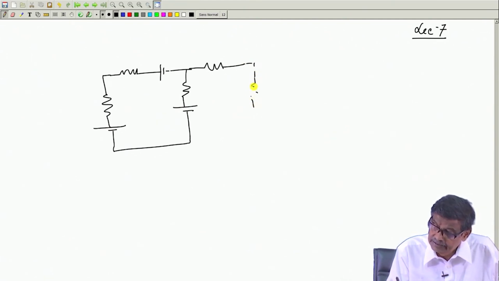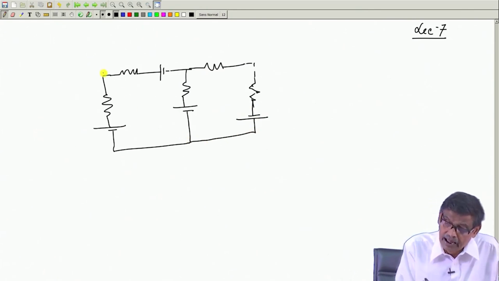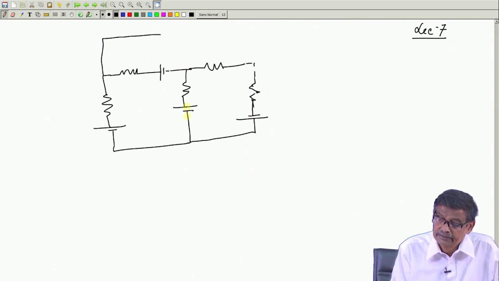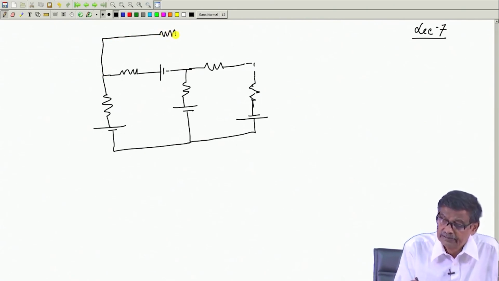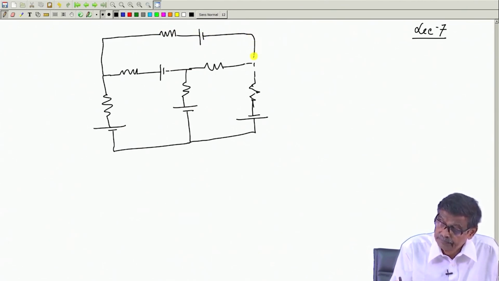Here is some resistance and some source here, and there are other elements here. Suppose this is a resistance and this is another source.